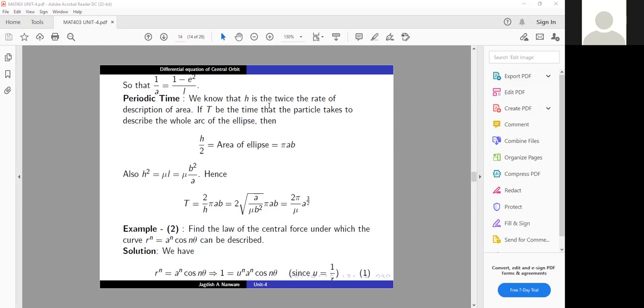We know that h is twice the rate of description of area. So if T is the time that the particle takes to describe the whole arc of the ellipse, go back to the ellipse and see what we are going to assume. If you start at this point, you can change the color to distinguish.